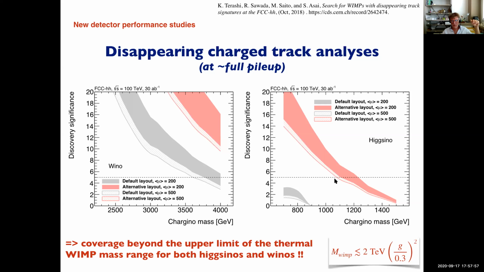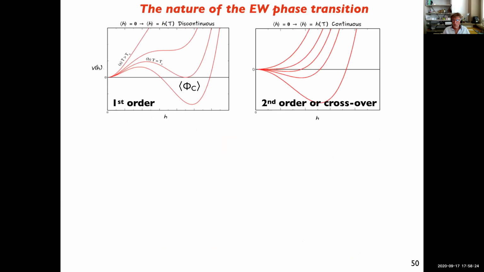And in the case of the Higgsino, it goes up to about 1100 GeV, which means that indeed one would surpass this thermal mass range, and therefore either you see it or you don't. And if you don't, it cannot be there, and therefore one could move to other dark matter scenarios and forget about these thermal WIMP categories.